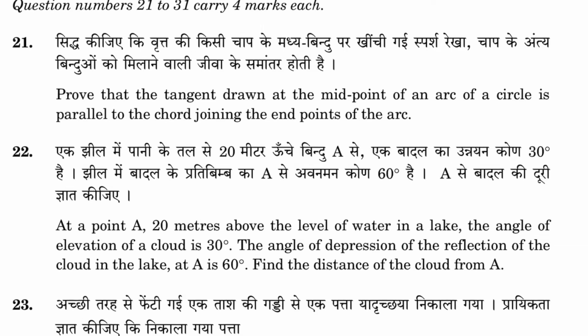Question number 22nd. This question is based on trigonometry. It says at a point A, which is 20 meters above the level of the water of the lake. Let this be the level of the lake. Here we have water.